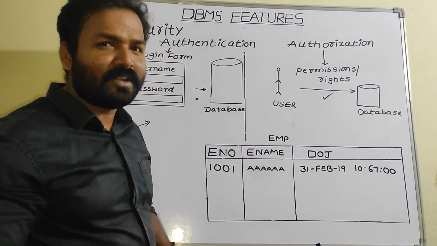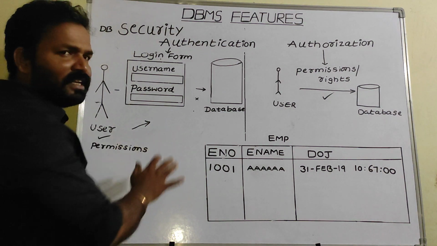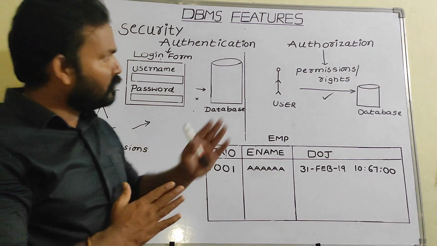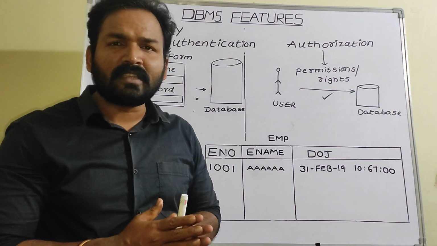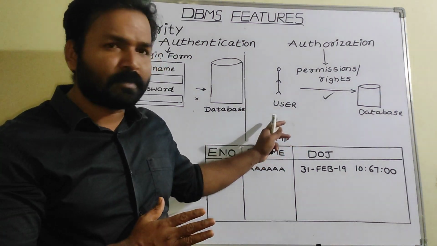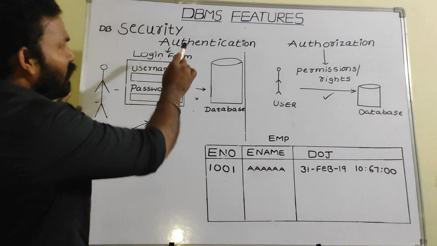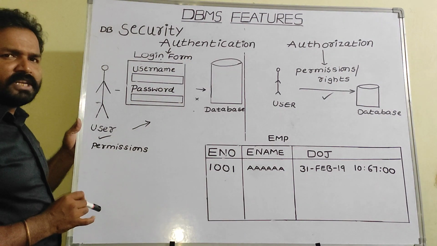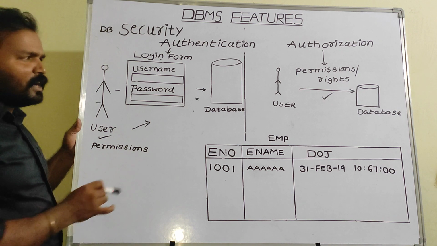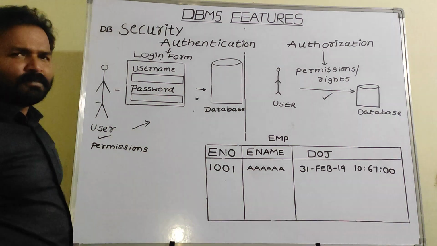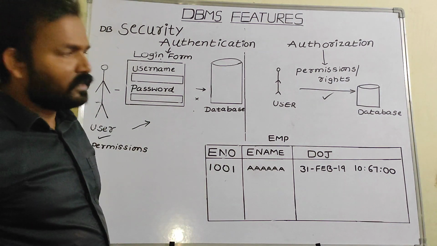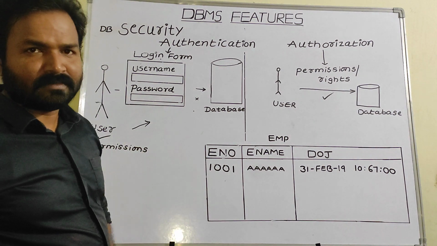So is it clear for all of you? What is authentication? Identification of user. Authorization will check the user's permissions. By using the login page, authentication checks whether the user is registered or unregistered, and allows only registered users to connect with the database.